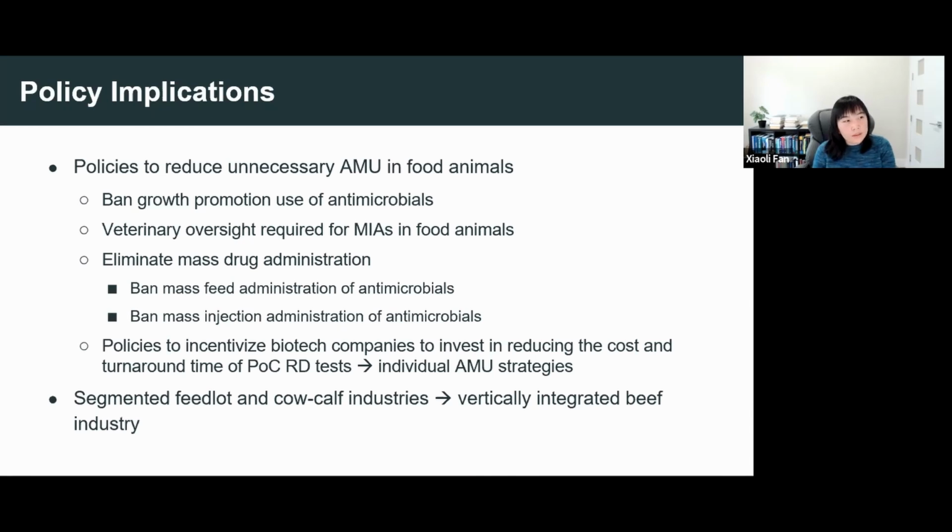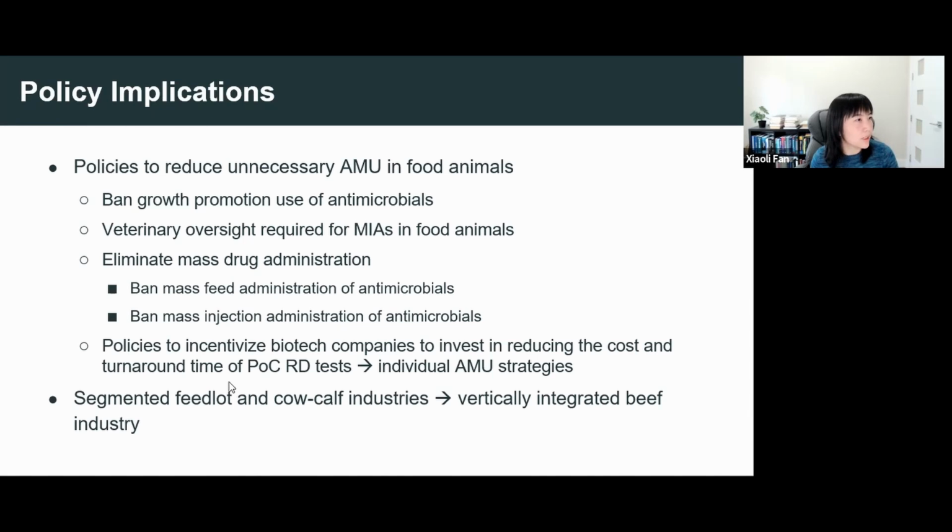So there could be policies to incentivize the biotech companies to invest in rapid diagnostic test technologies. And if the cost of those tests can be reduced, then maybe we don't need mass drug administration anymore. Then we switch to the individual antimicrobial strategies.